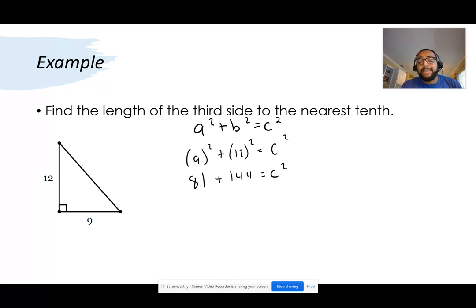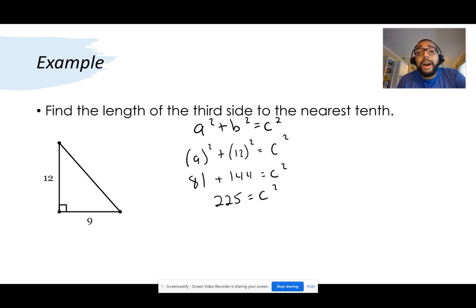It's nice to have a calculator present, because sometimes these numbers may appear big. If I am correct, that should be 225. Again, I'm checking. Perfect, I was right. So here again, 225 equals c squared. Once I get to this part, I'm not done.